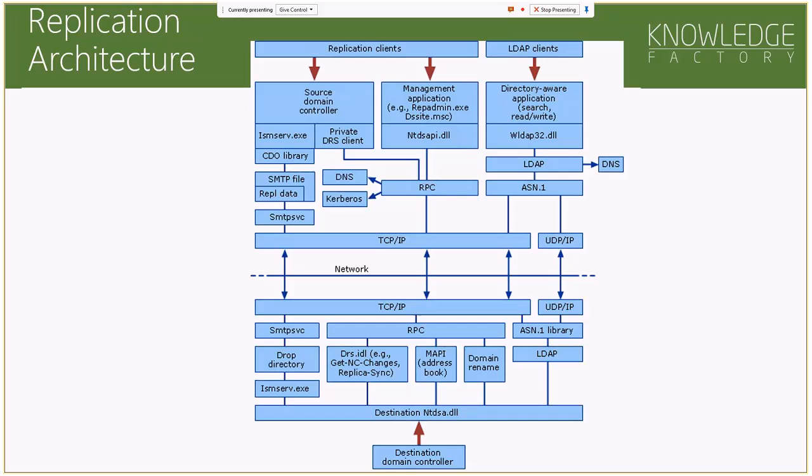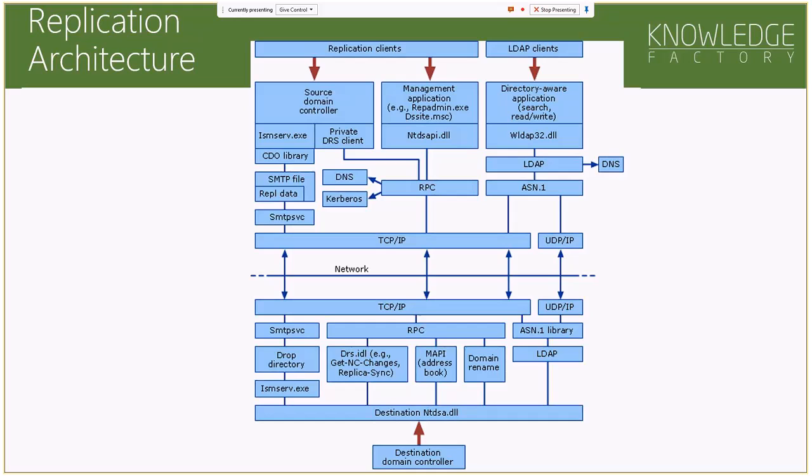We have Replication RPC, which is the DRS UAPI RPC protocol used to enable administration and monitoring of AD replication. To communicate replication status and network topology from a client running admin tools to a DC, RPC is required.